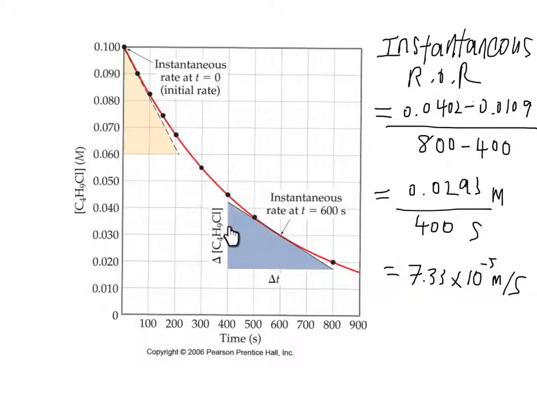Basically, using this triangle as a guideline to calculate the instantaneous rate at 600 seconds. When you do this, you get an answer of 7.33 times 10 to the power of minus 5.